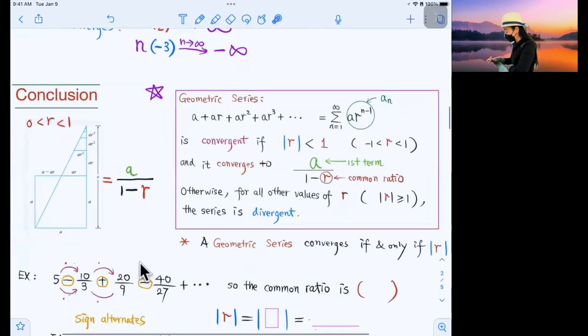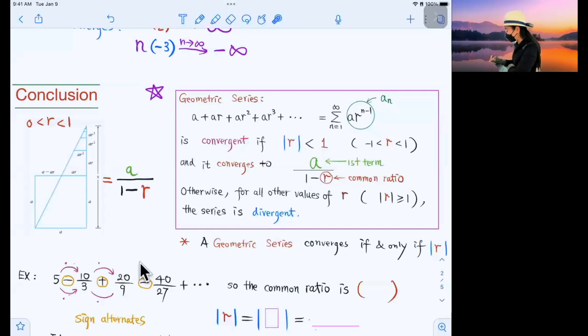Now we just did the investigation. We say that the geometric series over here is convergent if r is between -1 and 1. For example, r is 1/2, r is 1/3, r is -1/2, or r is -1/3. Then the geometric series here is going to sum up to a finite number, and we actually know what it sums up to.